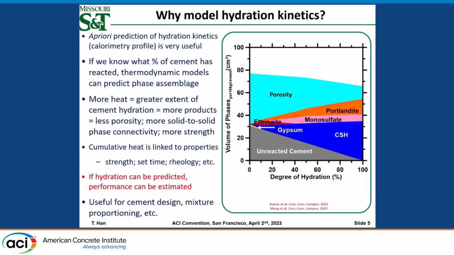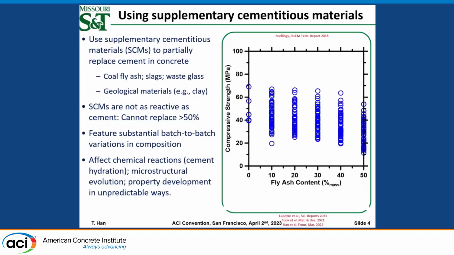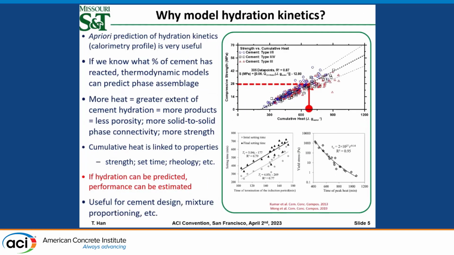If we know the heat release from the cement during the hydration reactions, we can use that to know the degree of reactions, and we can combine it with thermodynamic simulations to know the microstructure of your cement. We also can use the heat release to estimate other properties, for example, compressive strength and the workability of your cement.